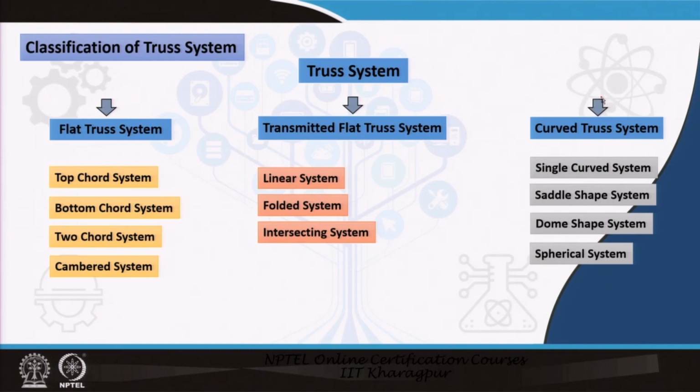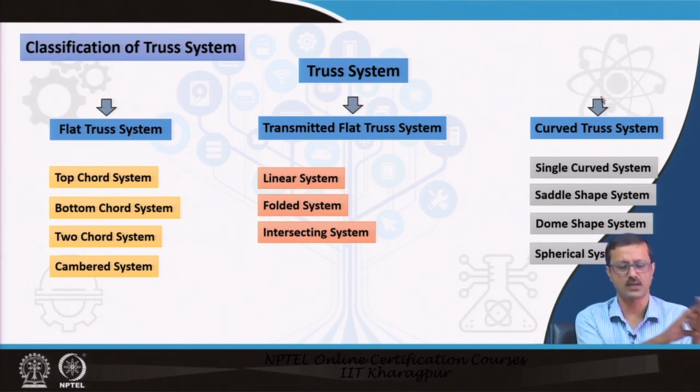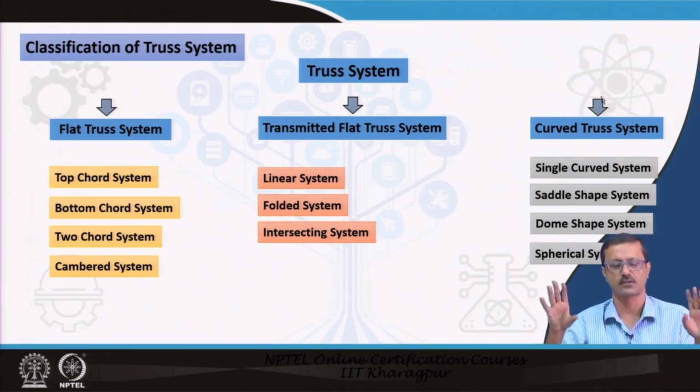If you see the first or second line here, there are 3 types of system, and one is flat. In that system we have the trusses we have already discussed, the parallel chord truss or the inclined or pitched truss, those kinds of flat truss.